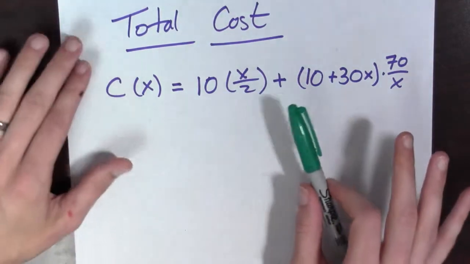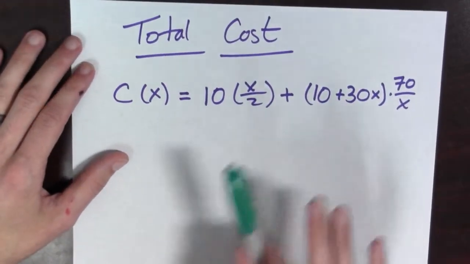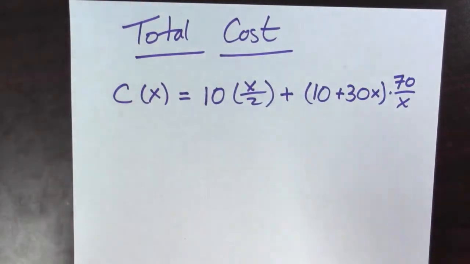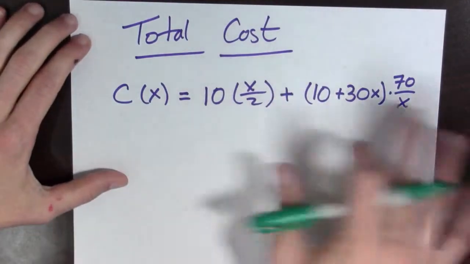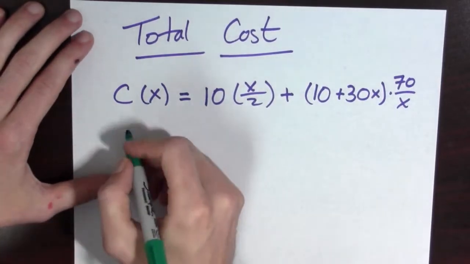Now this is calculus class, and in calculus class we typically take derivatives. Before I take any derivatives, the first thing I want to do is simplify this equation. So what are we going to do?